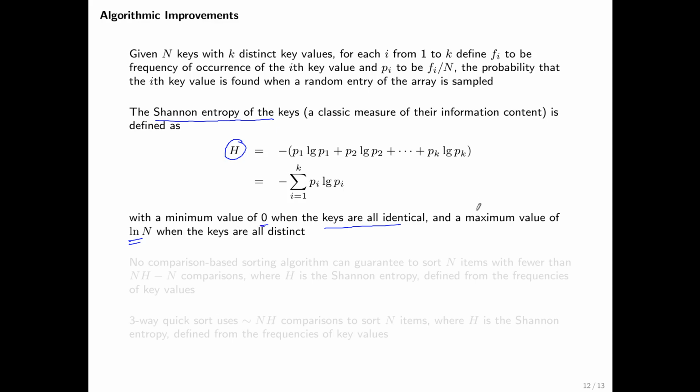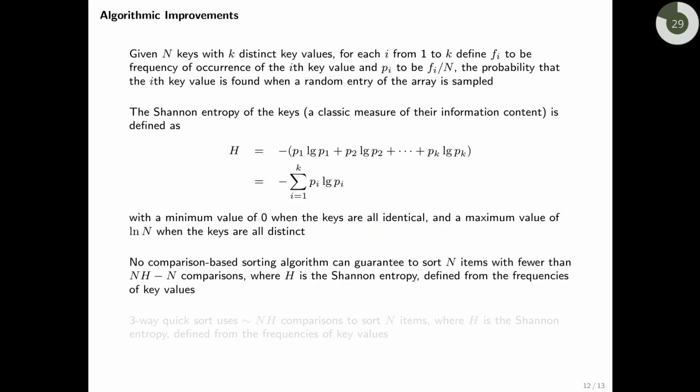The other extreme is when all the elements are distinct, in which case the probability of finding each element, Pi, is 1 over n. If you plug that into this expression, you will see that H is log of n. All right, so H is greater than or equal to 0, and it's less than or equal to ln of n.